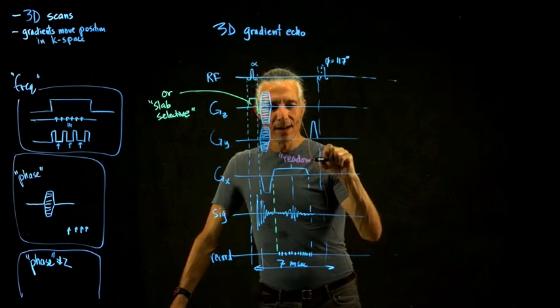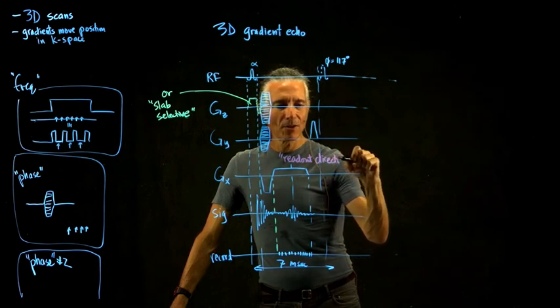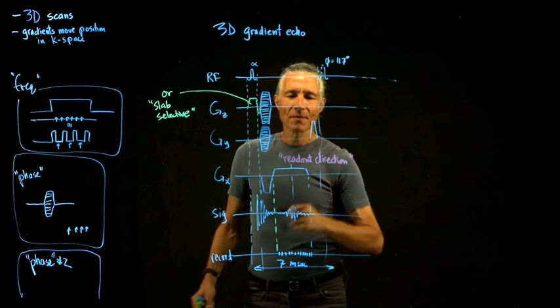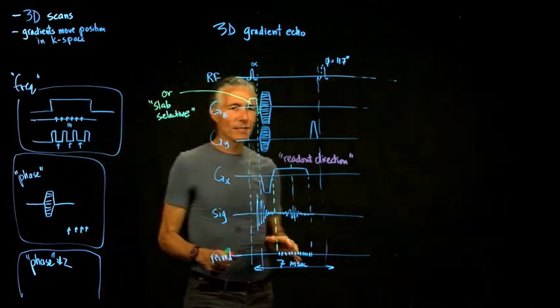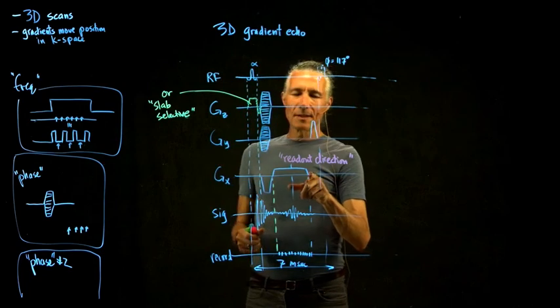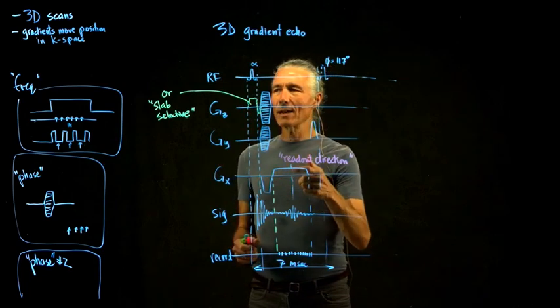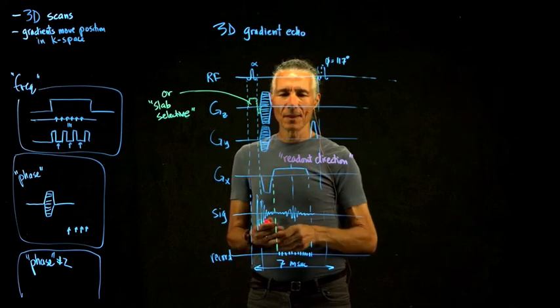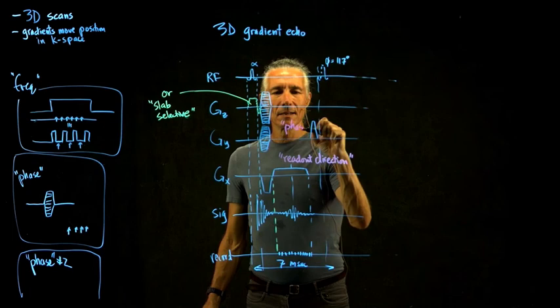This is the readout direction. That really gives you a cue as to frequency encoding versus phase encoding. It's not frequency encoding versus phase encoding, it's direction. Readout direction means what's the direction in space that the readout gradient is being applied. And this is the phase encode direction.